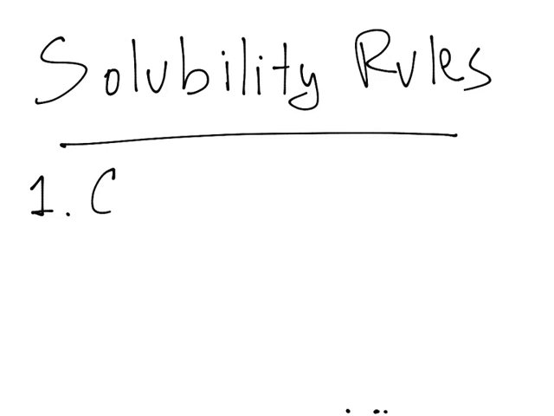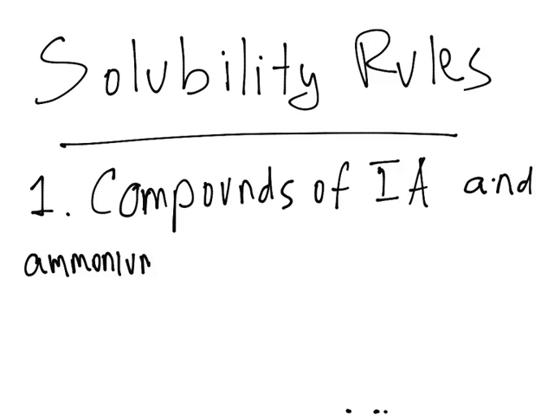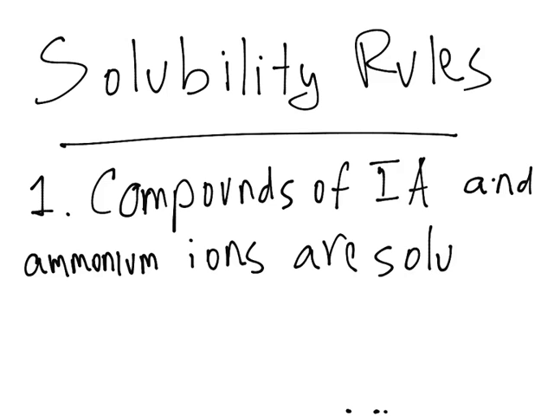Compounds of group 1A, written in Roman numerals, and ammonium ions are soluble, so they will be able to dissociate 100%.